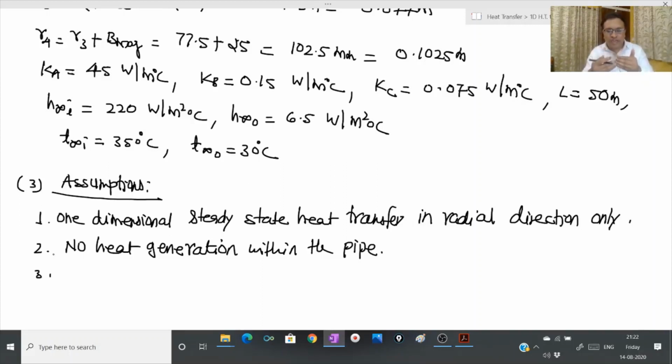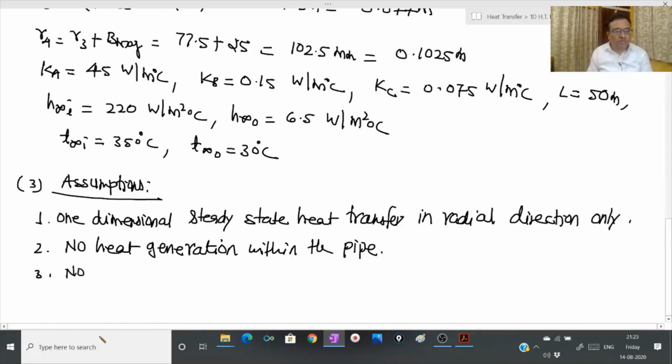So different material layers are in contact, like steam pipe material, asbestos material, followed by magnesia material, and they are in contact with each other. Because of imperfect contact, thermal contact resistance may come into picture. But the problem statement does not talk anything about thermal contact resistance, so we will neglect it.